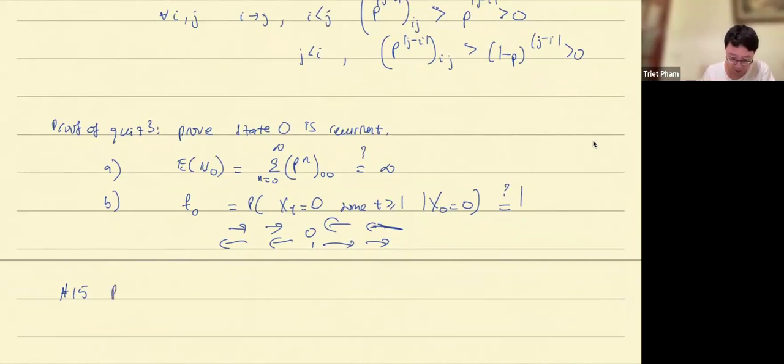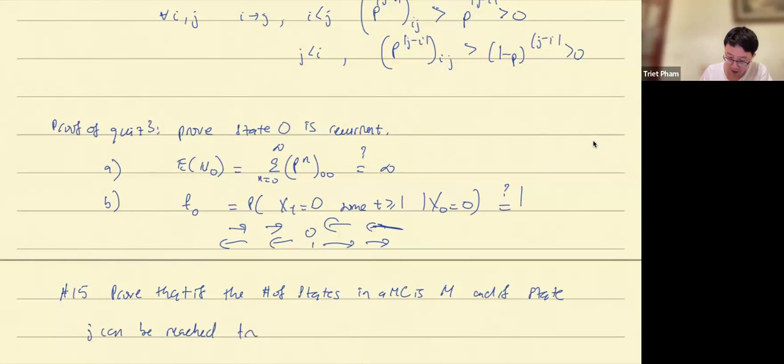Number 15 says: prove that if the number of states in a Markov chain is M, and if state J can be reached from state I, it's just a way to say I goes to J, then it can be reached in M steps or less.